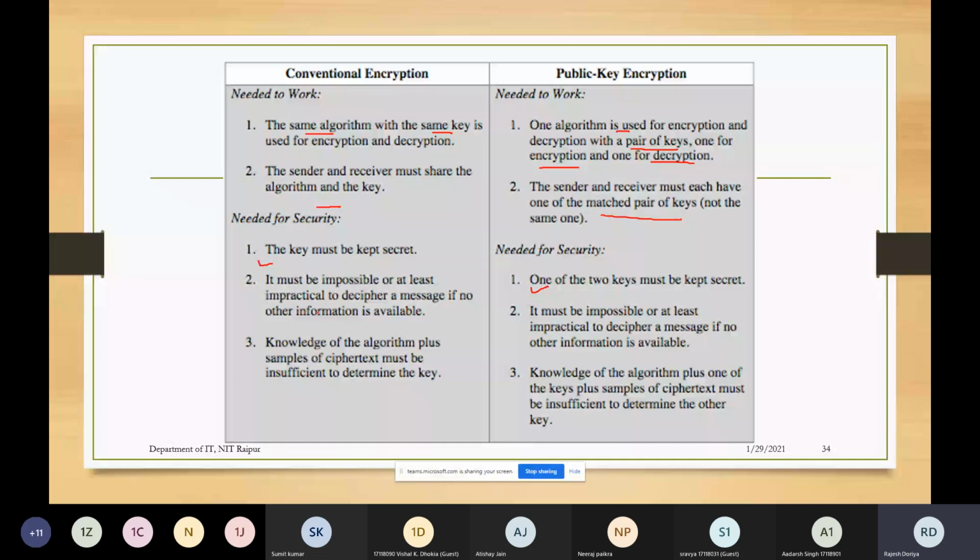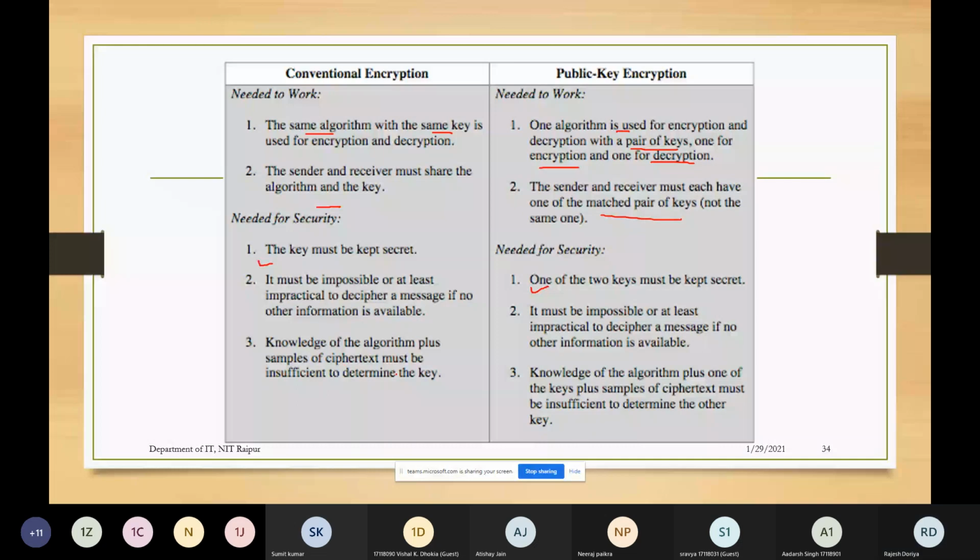And in case of public key, if only one of the keys is available and not the other, then it should be almost impossible or impracticable to decode the message. Knowledge of the algorithm plus samples of ciphertext must be insufficient to determine the key.